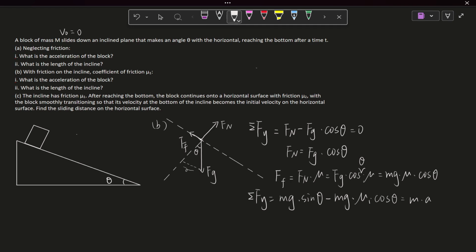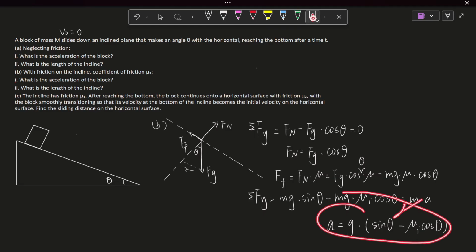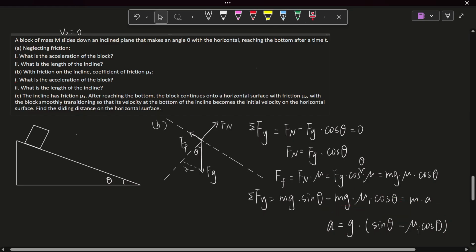Mu equals mu1, I forgot. So you can get a is equal to g times sine theta minus mu times cosine theta. This is a simplified version, but after you simplify the equation, it will look something like this. Don't worry about it, because I think it just looks better.